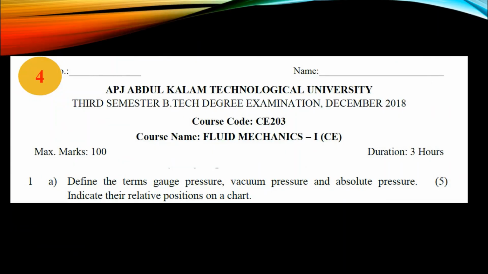Now let us move to the next question. It is from December 2018. The question is, define the term gauge pressure, vacuum pressure, absolute pressure, and indicate their relative positions on a chart.